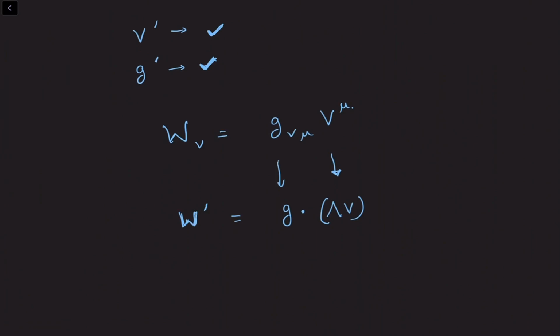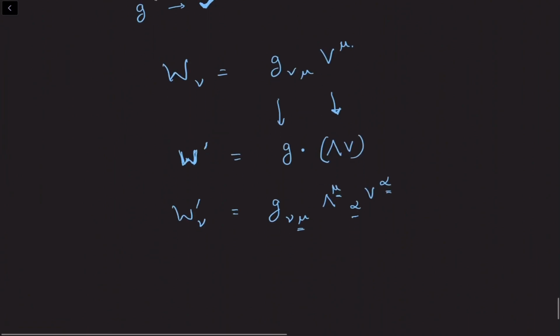In index notation, we would write this as G again with lowered indices, nu mu, this is W prime nu, and lambda V would be lambda mu alpha V alpha. Note again how the raised and lowered repeated indices are summed over. So you see that the transformation rule for W looks like this, but we want to write the transformation rule for W not in terms of V, but in terms of the original W.